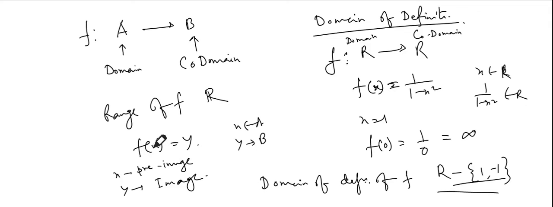If we give a pre-image in f, the outcome would be the image y. Okay, so this is the basics of function. Now in the next video we will learn about different types of functions.